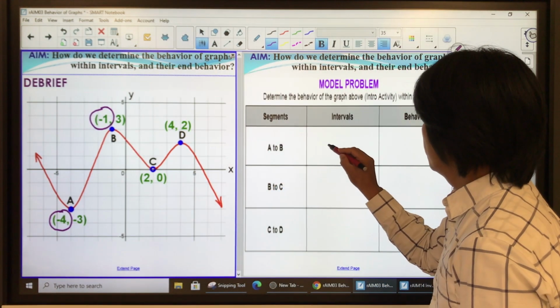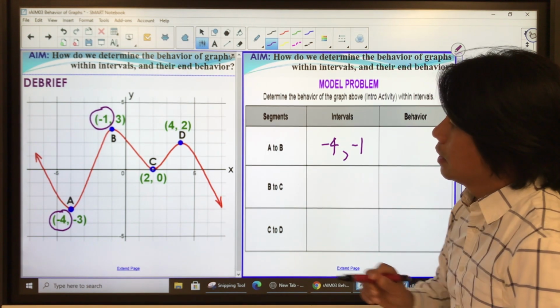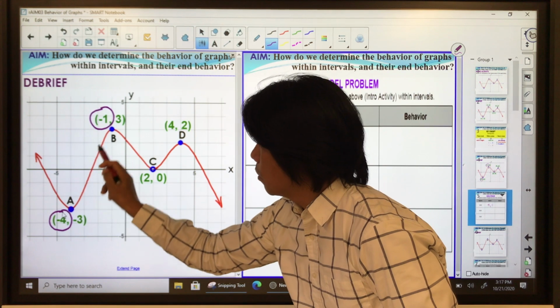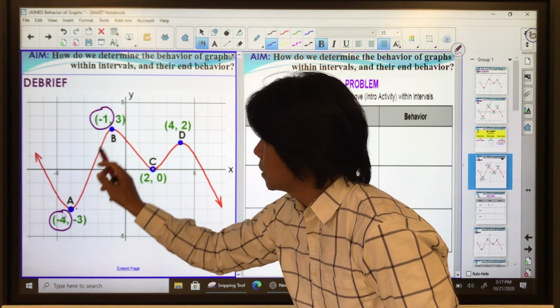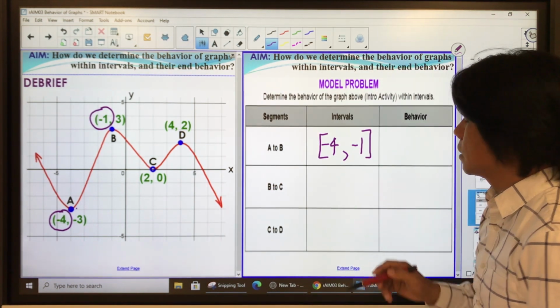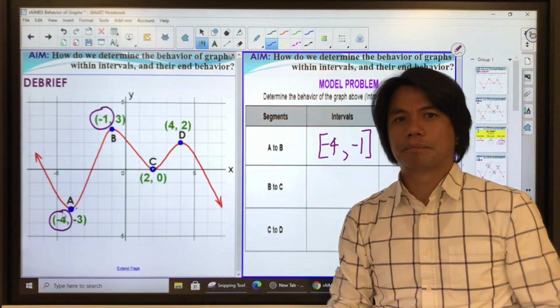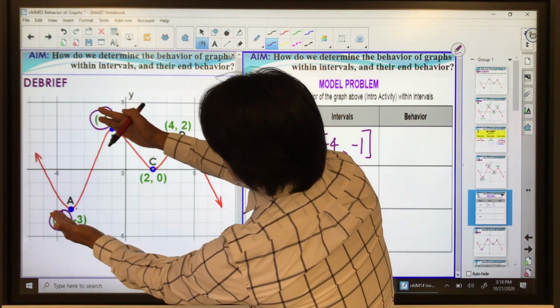So I have -4, comma, -1, right? But since the circles or the points are solid, that means these numbers are included in the interval. So I'm going to use a bracket. So what is the behavior of the graph within this interval?